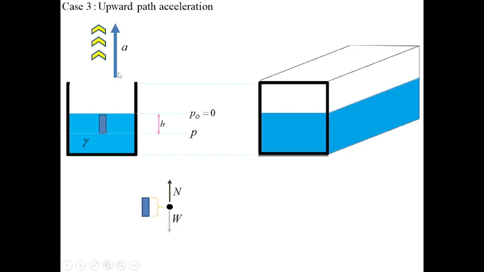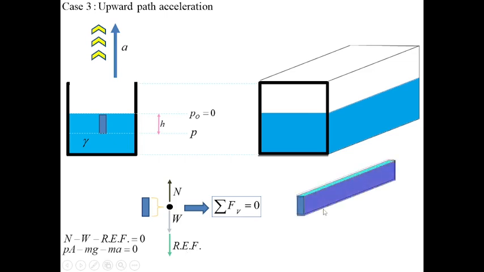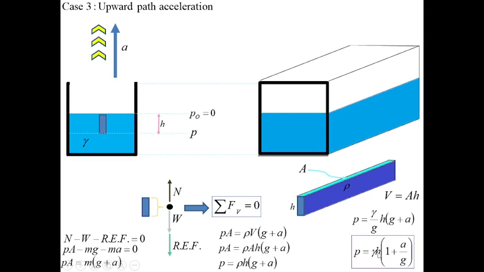Where is the direction of the reverse effective force? Downward, because the acceleration is upward. So the summation is the same: N minus W minus REF. You arrive at the answer P equals specific weight times H times 1 plus A over G. This means the pressure increases when accelerating upward. Imagine going faster and faster while ascending. What will the liquid feel? It feels compressed, as if a person is being pressed downward.